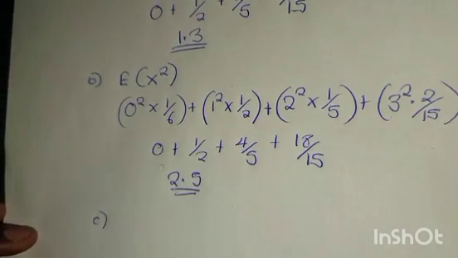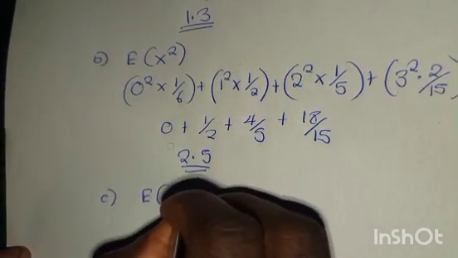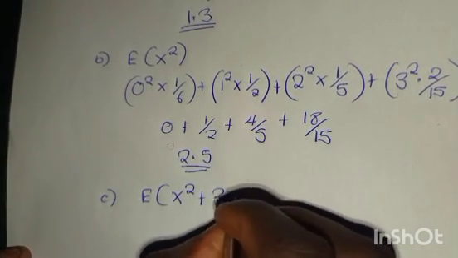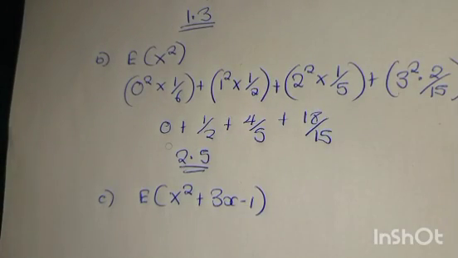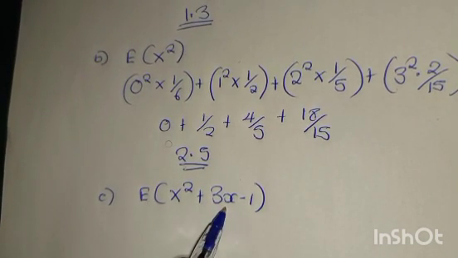But when we are dealing with C, we have some rules and regulations which we should follow for you to be able to solve this one. One rule that I will give you is, you will first distribute the E to what is inside.